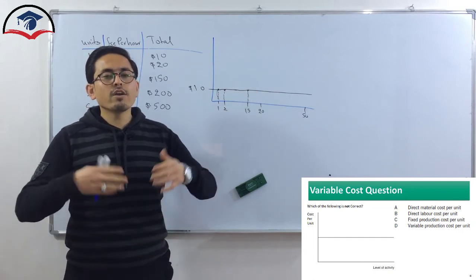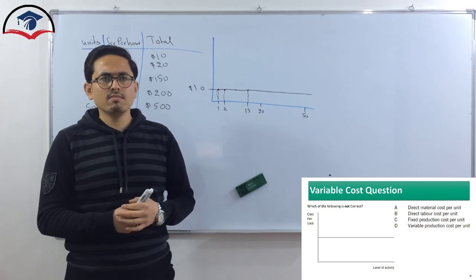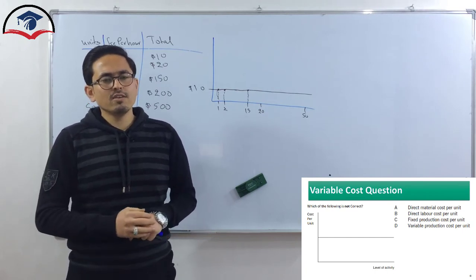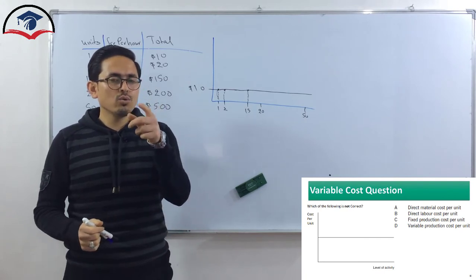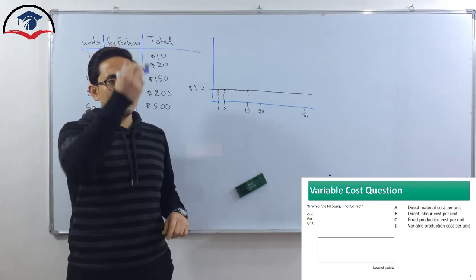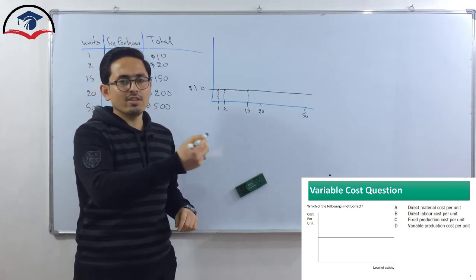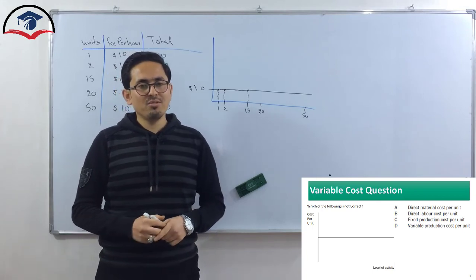So which of them is not correct? Of course, option C. Option C is the fixed production cost per unit, and I showed you the graph earlier in this video. It will be a curve. When the level of activity increases, the cost per unit will decrease.